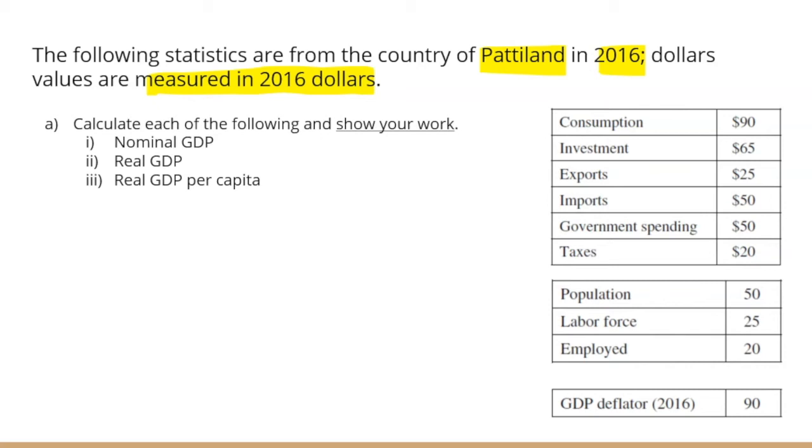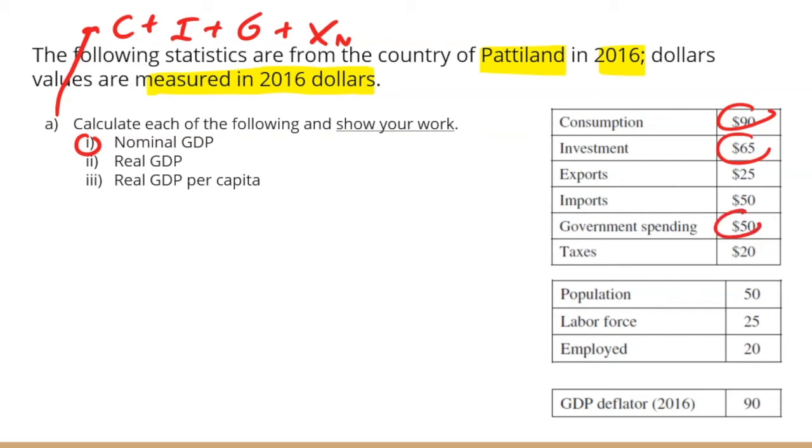To calculate nominal GDP, remember, nominal GDP is just consumer spending plus investment spending plus government spending plus net exports. That's how we calculate our GDP. We're going to look at consumption, which is consumer spending, investment, which is investment spending, and government spending.